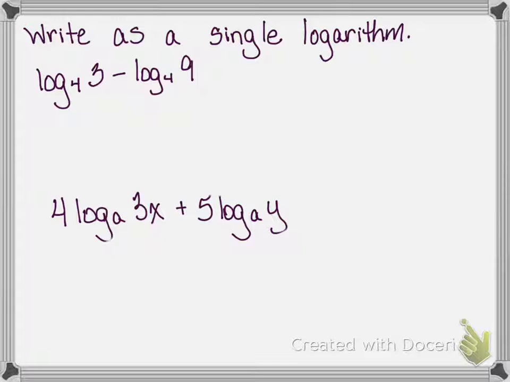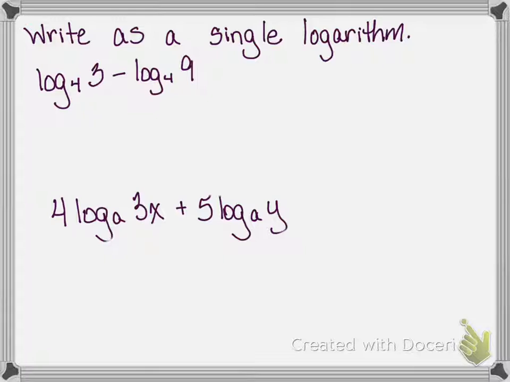Okay? So I've got log base 4 of 3 minus log base 4 of 9. When I am subtracting two logs, I can rewrite that as a single log, but what's happening with the 3 and the 9? They're not subtracting. They are subtracting when they're written as multiple logs.